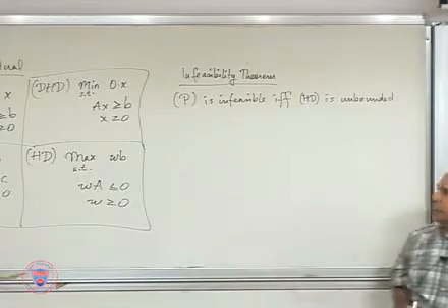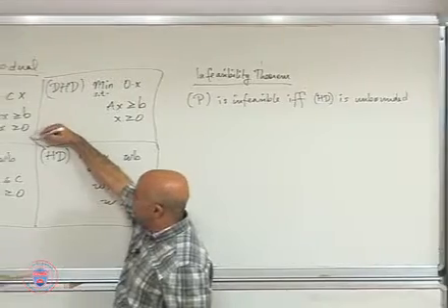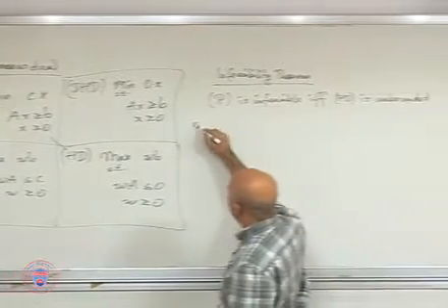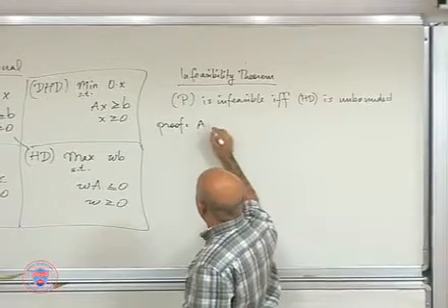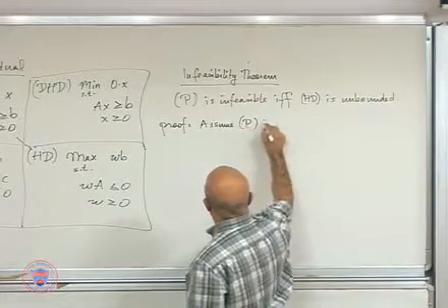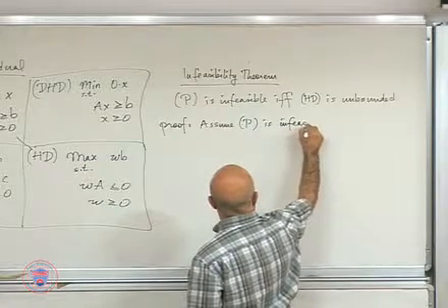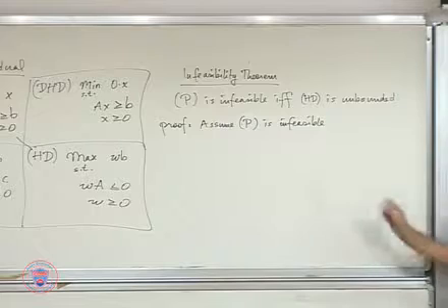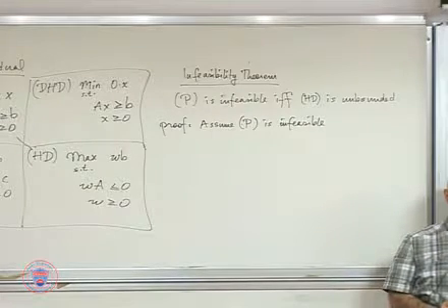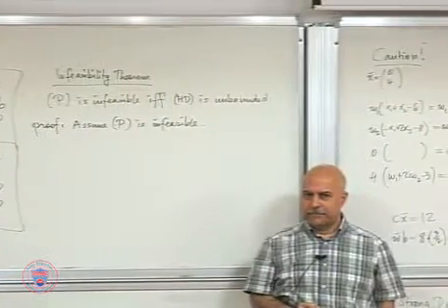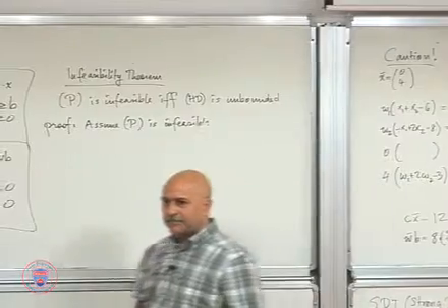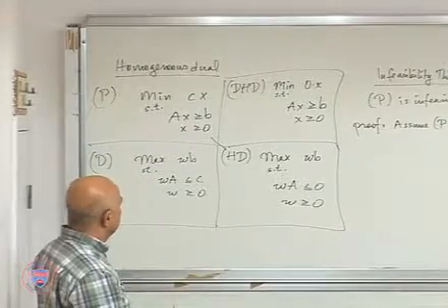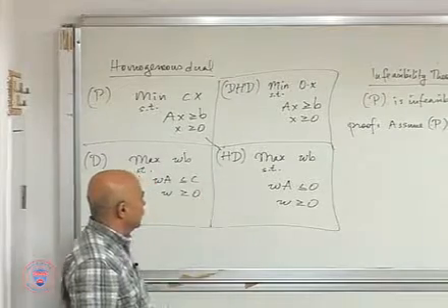P is infeasible if and only if the homogeneous dual corresponding to it is unbounded. So assume P is infeasible. We must show that the homogeneous dual is unbounded.